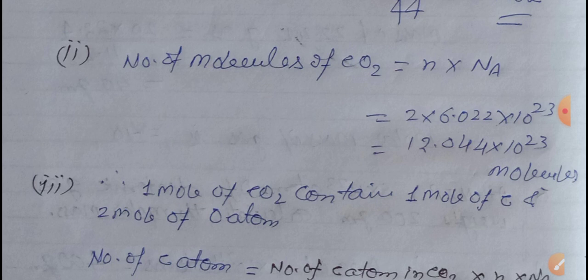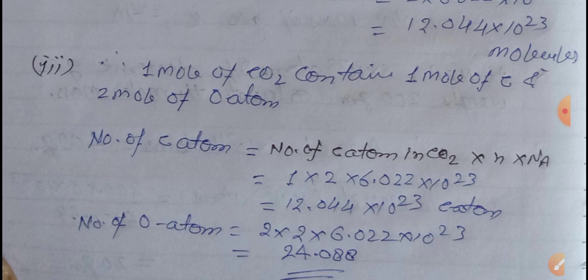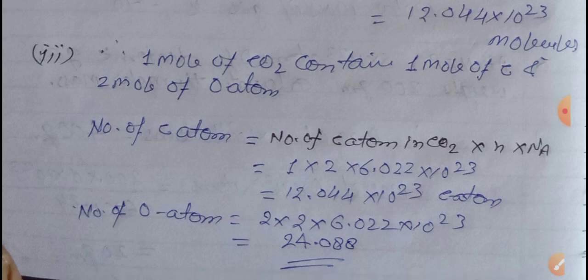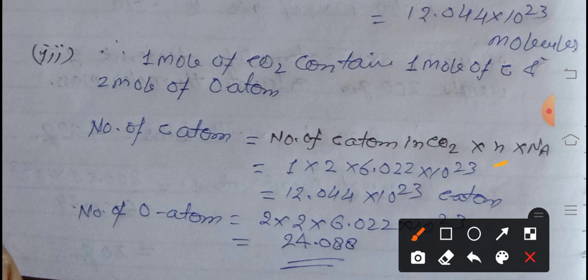Now, to calculate the number of carbon atoms, the formula is very easy: the number of carbon atoms in a CO2 molecule, multiplied by the number of moles, then multiplied by Avogadro number.